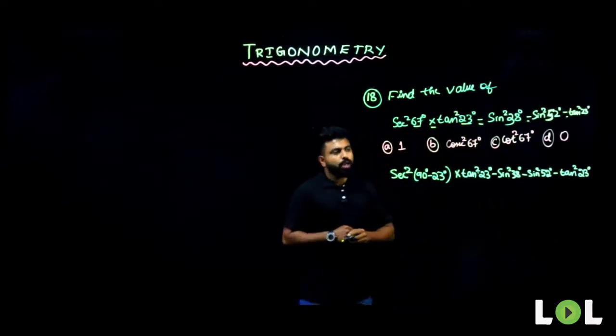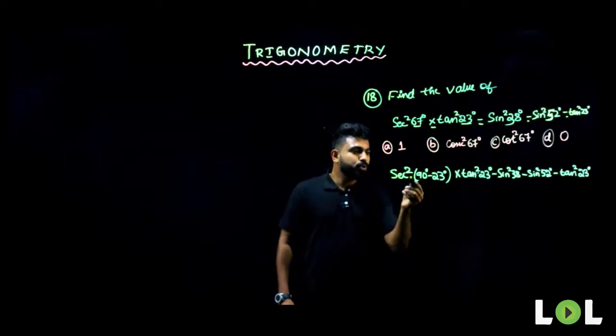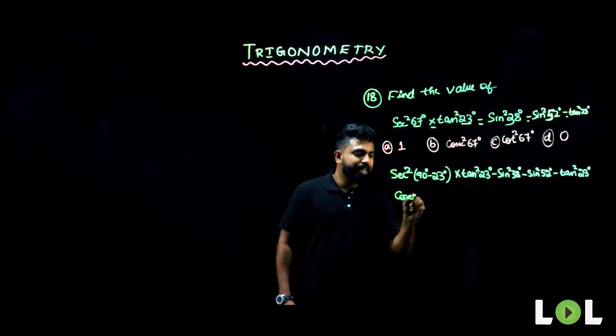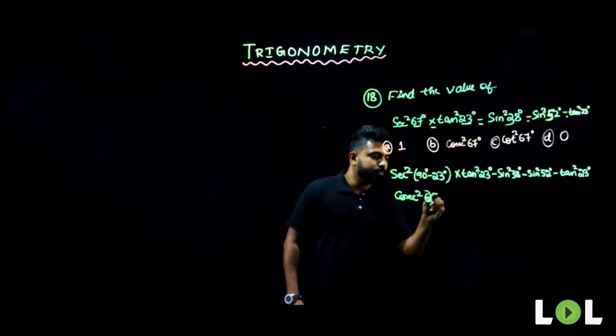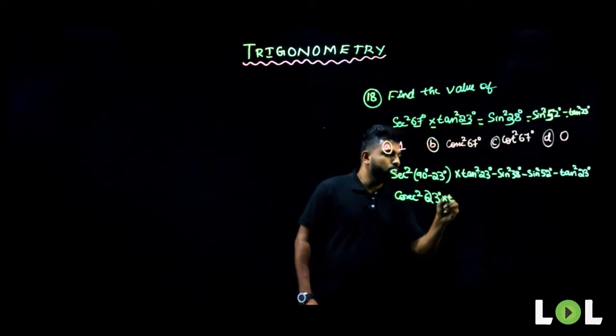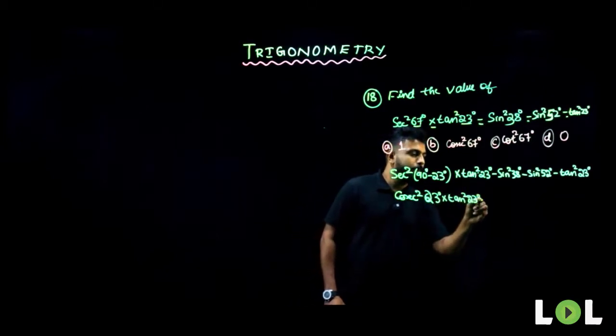So now, how do I go about this? First, what is secant square of 90 degrees minus 23 degrees? It is nothing but cosecant square 23 degrees into tan square 23 degrees, minus.